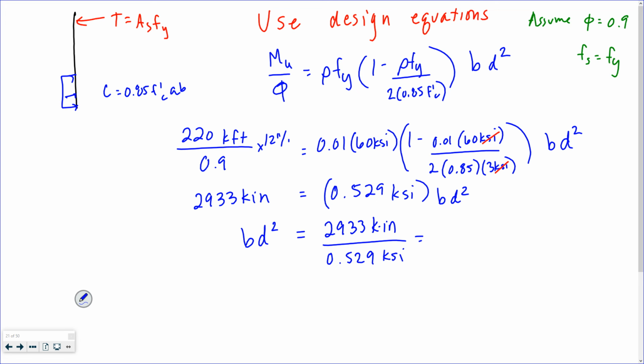So 2,933 divided by 0.529 is 5,544 inches cubed, right? Those kips drop out. The other inches, the square inches, go up to the top. So inches cubed, which is good because BD squared should be in inches cubed.